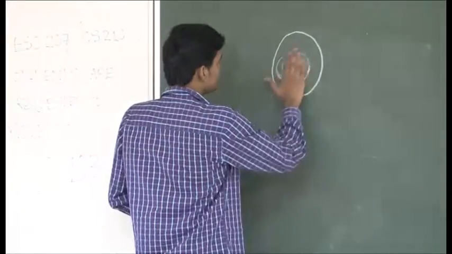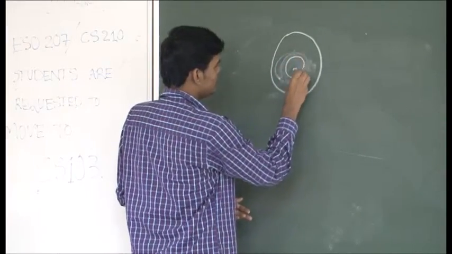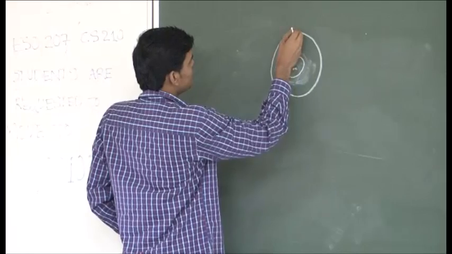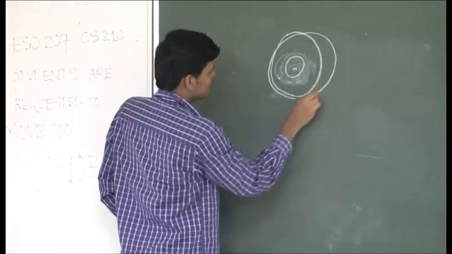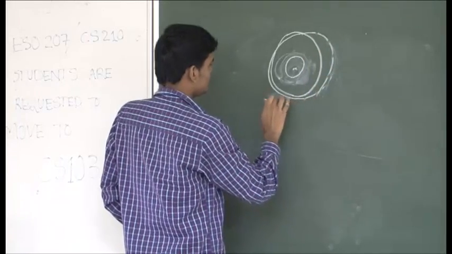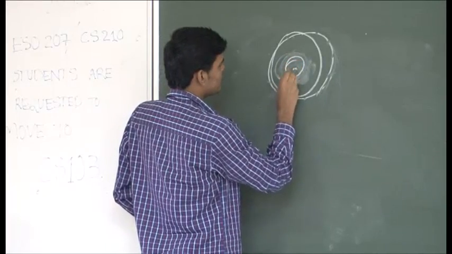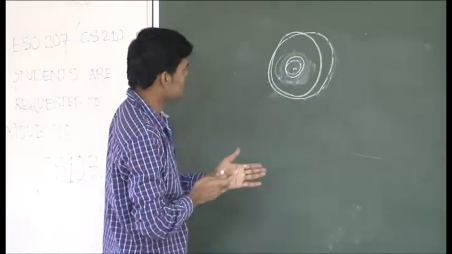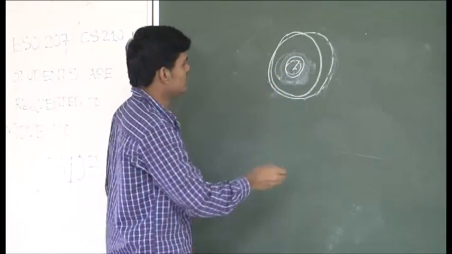So let's say this is the quantity we should be getting, but let's say you are getting some other, and for the inner, let's say this radius is known to us.